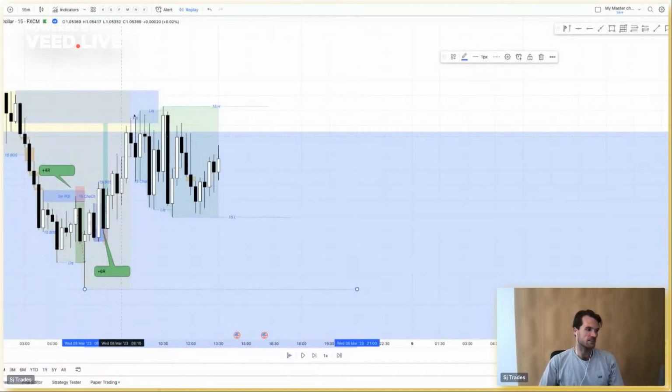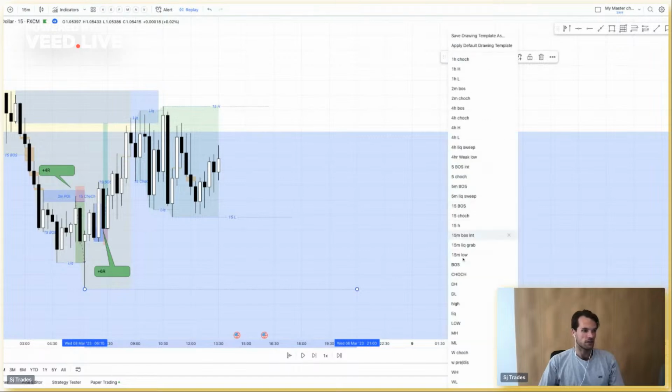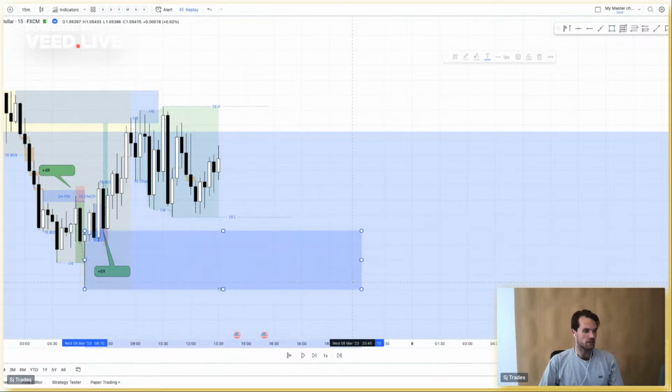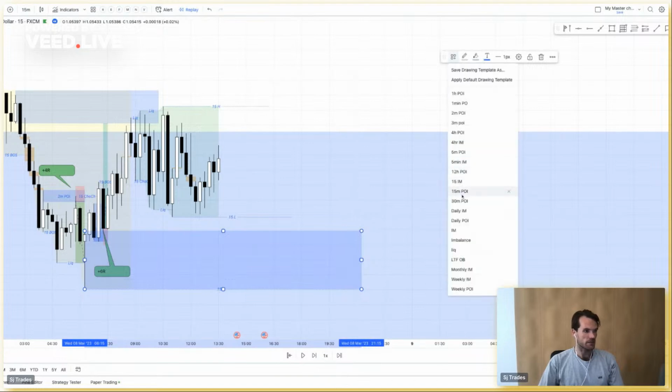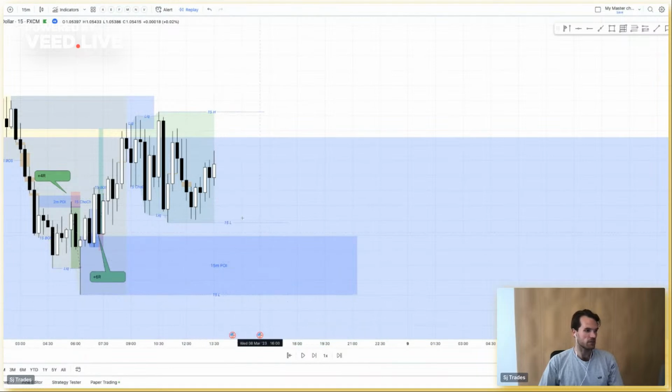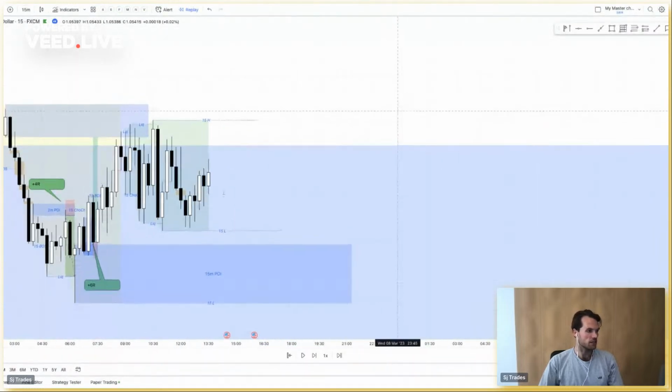I would say this is like the main leg because we haven't had a proper breaker structure. I would say this is the external low and this is the internal. And we've still got this huge 15-minute demand wick that's been untapped that we could easily come into and get a 15-minute chock out of. Right now, there's no trades for me here.